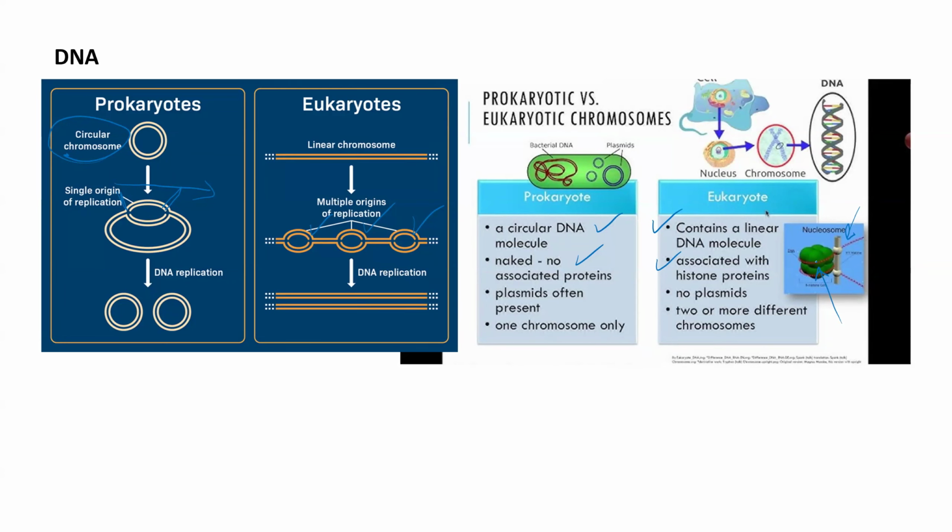Prokaryotes don't have that. Prokaryotes have plasmids, eukaryotes do not. Prokaryotes have one chromosome, eukaryotes have two or more. In addition, eukaryotic has something that we talked about called introns and exons. We added that to the list, and we talked about what introns and exons were.